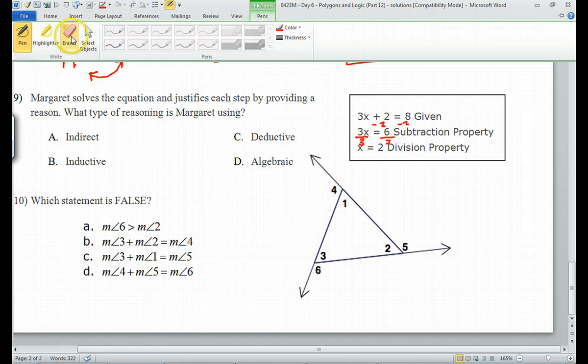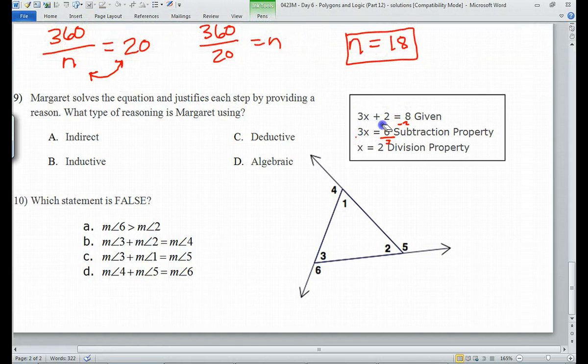Well, anytime you are using a sequence of accepted facts to get from one step to the other, is that going to be inductive or deductive reasoning? One of these is the one where we're using accepted facts leading us like a chain from one step to the next.